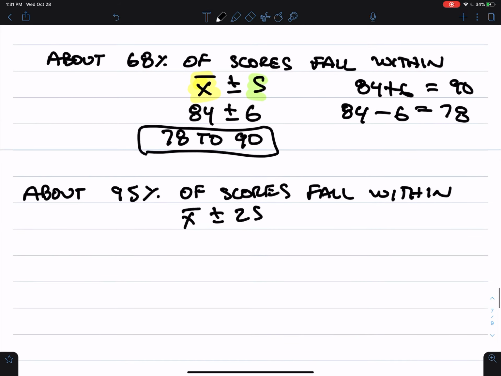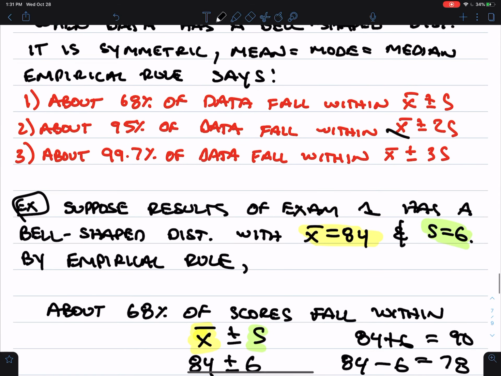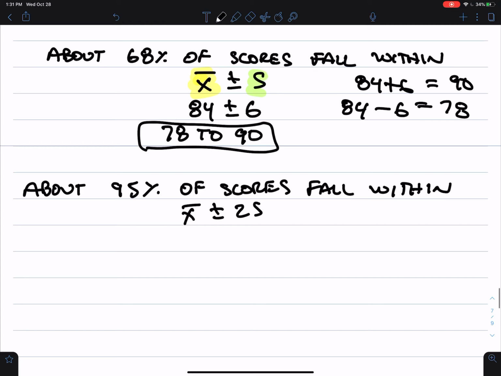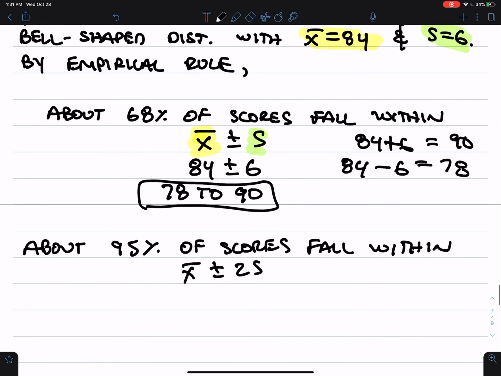Okay, so that's what it says up here, right? 95%. So then I keep plugging in the same way. Okay, 84 is the x bar.